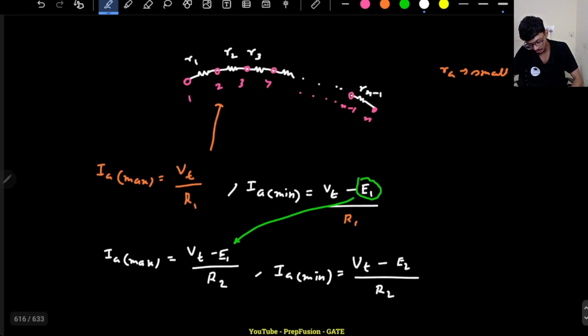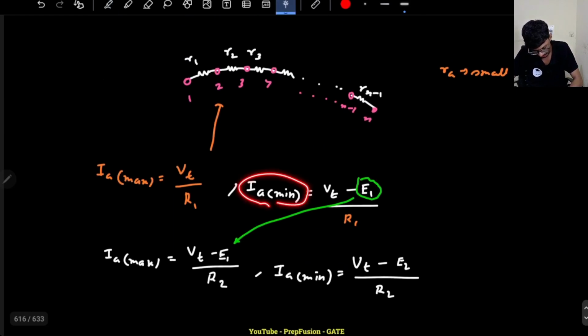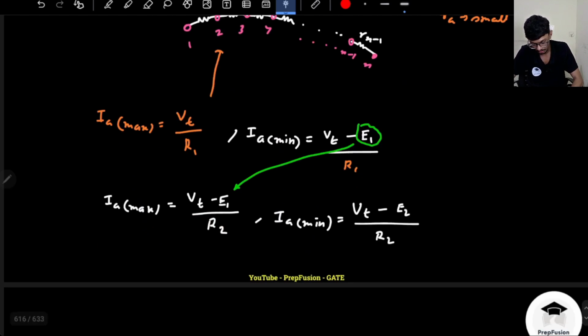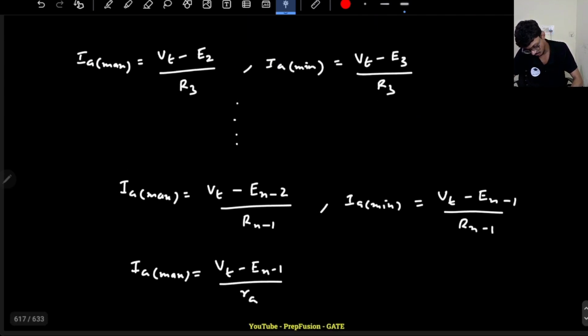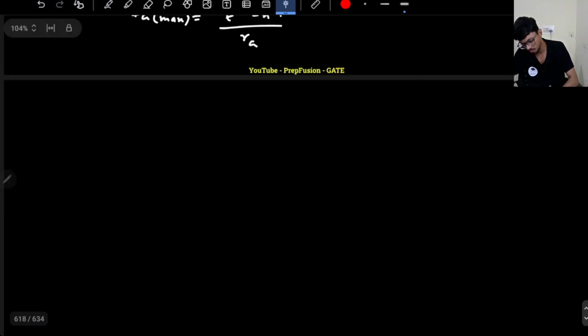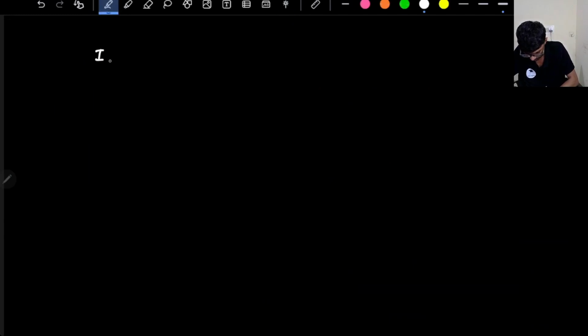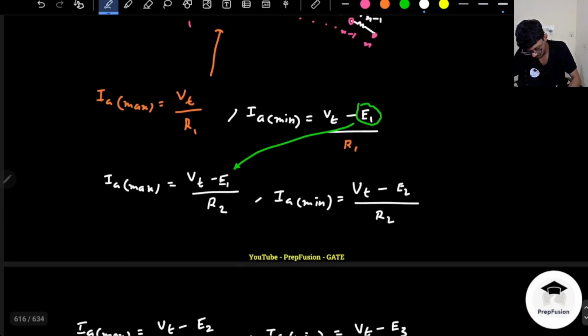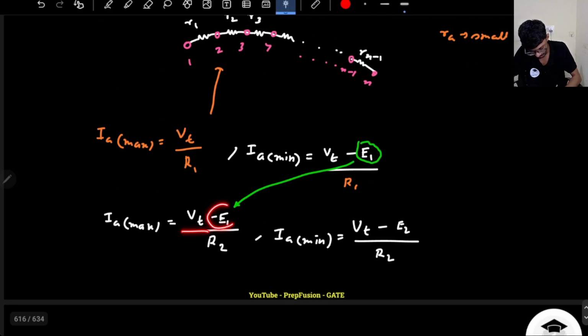So ultimately what you are observing is, if you observe the ratio of IA minimum upon IA maximum, the Vt minus E1 will be cancelled. It will be basically R1 divided by R2, right? So what do you observe? This ratio IA maximum upon IA minimum: here IA maximum is Vt minus E1 divided by R2, here it is Vt minus E1 divided by R1.